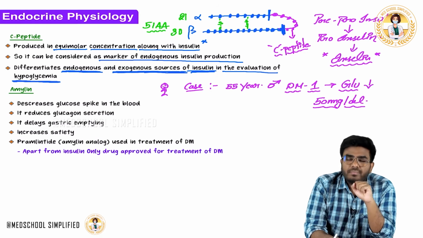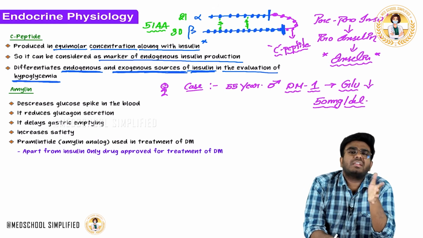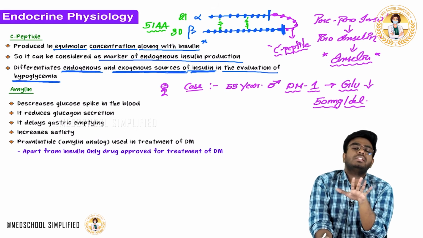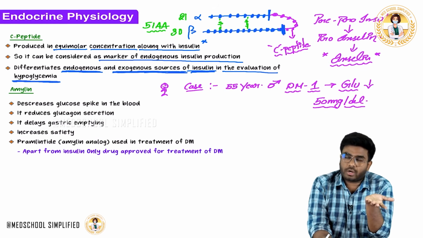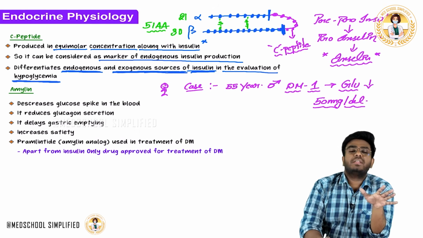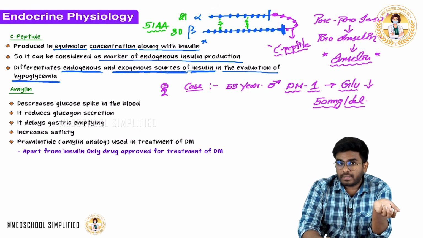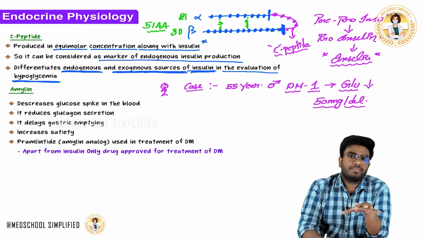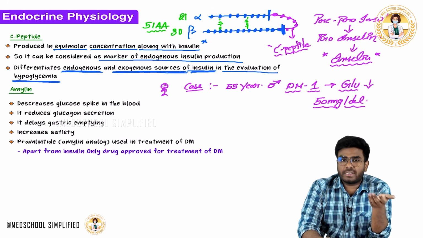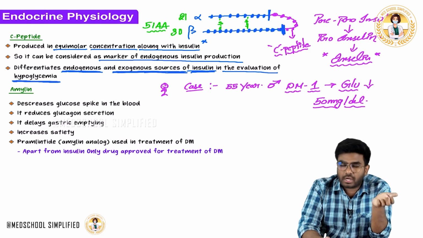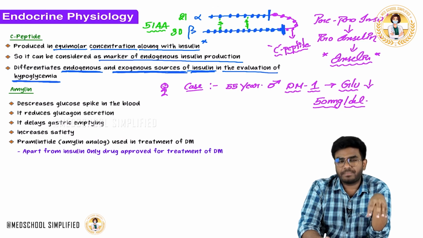This is what you usually think, but there might be another reason also. You don't know whether this patient is using insulin or not. One explanation is that this patient is using excessive insulin, and that excessive insulin is causing all this hypoglycemia.